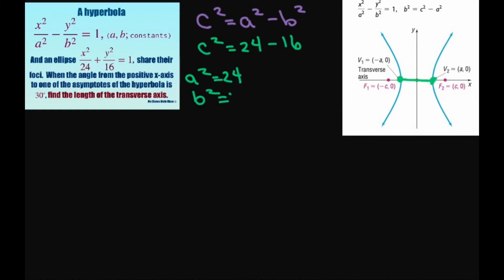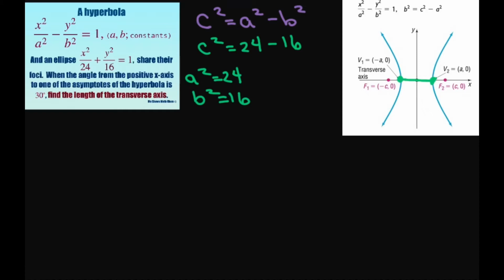Now the first thing we have to do is note that the hyperbola and ellipse share the foci. For an ellipse, you get the foci from c squared equals a squared minus b squared. So c squared equals 24 minus 16, because a squared equals 24 and b squared equals 16.